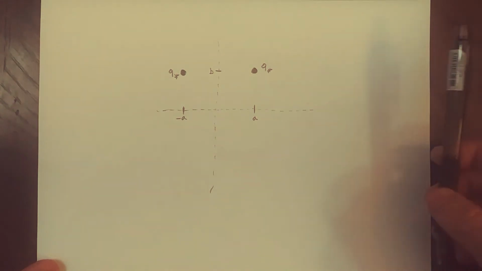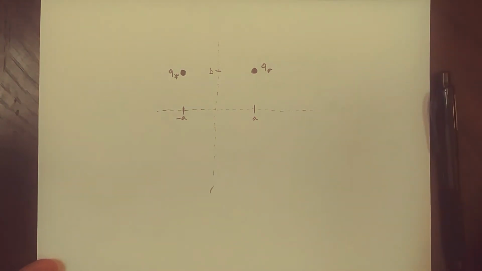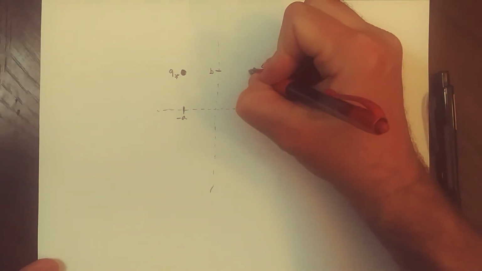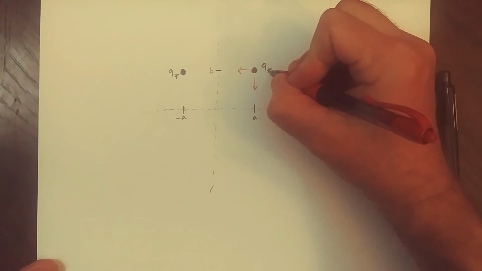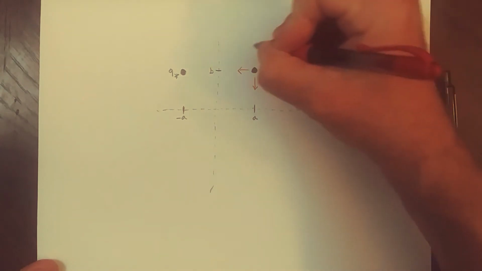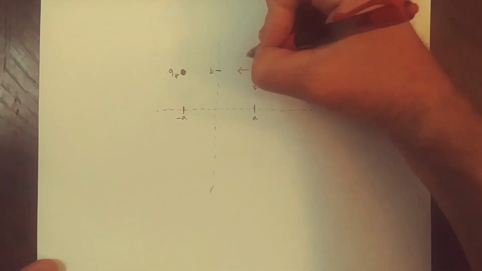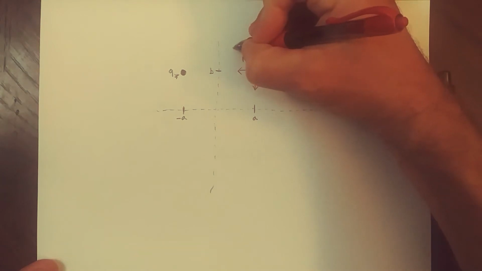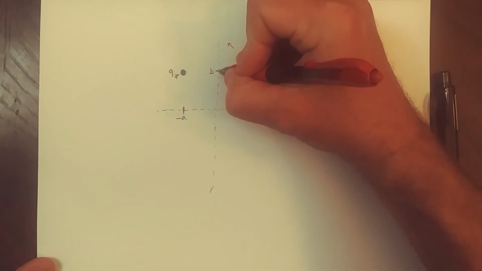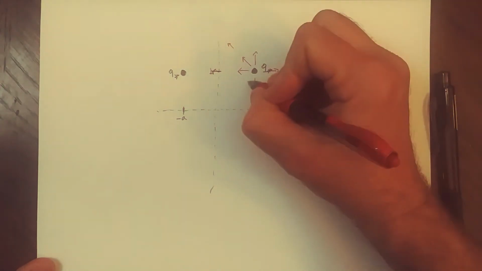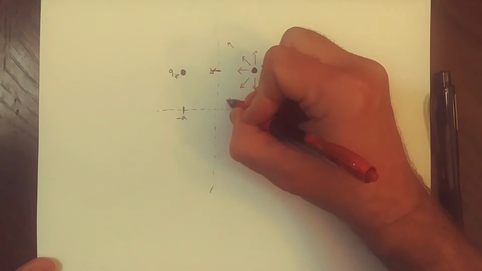And if we draw their electric fields, let's make one electric field in red. The electric field diverges radially away from the charged particle. So here are a few field lines. And at this location, the field would be something like that. Here it's something like that, and so on.